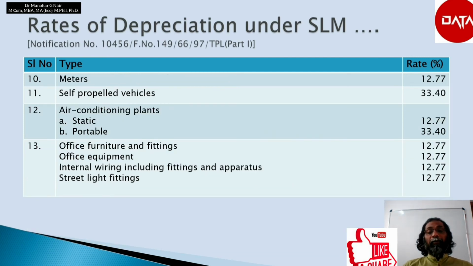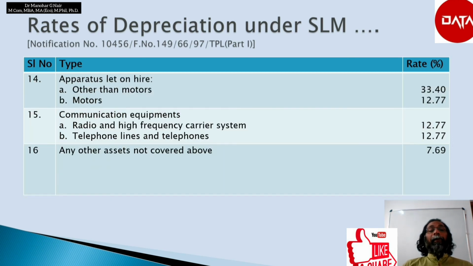Meters, it is 12.77. Self-propelled vehicles, it is 33.40. Air conditioning plant static, it is 12.77. Portable, it is 33.40. And with regard to the office furniture fittings, office equipments, internal wiring including fittings and apparatus, street light fittings, all covered by a single rate of depreciation, that is 12.77.